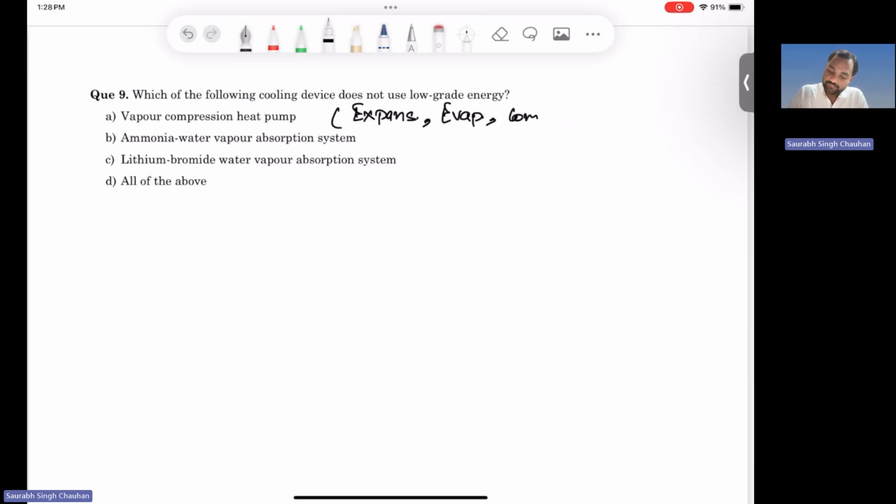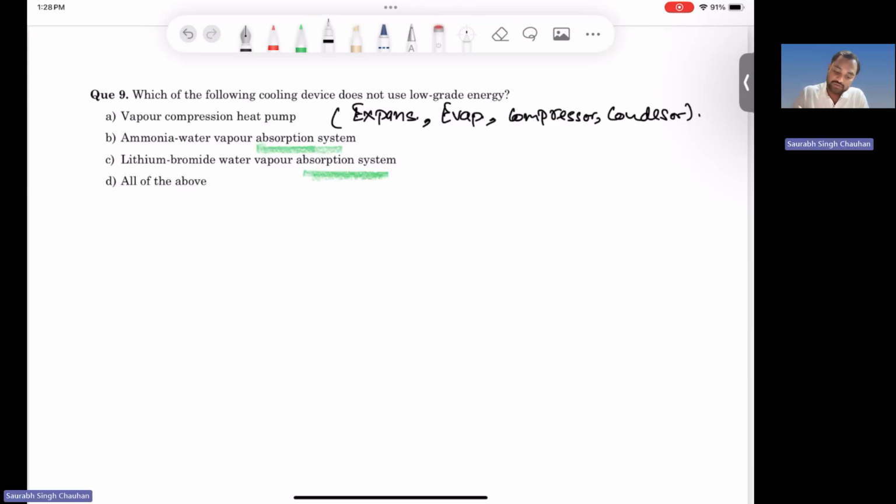Then you have a compressor, and then you have a condenser.